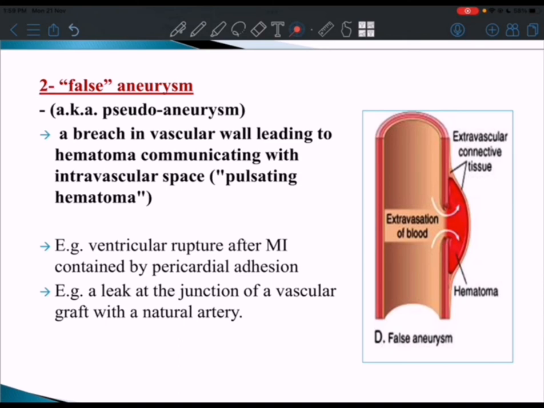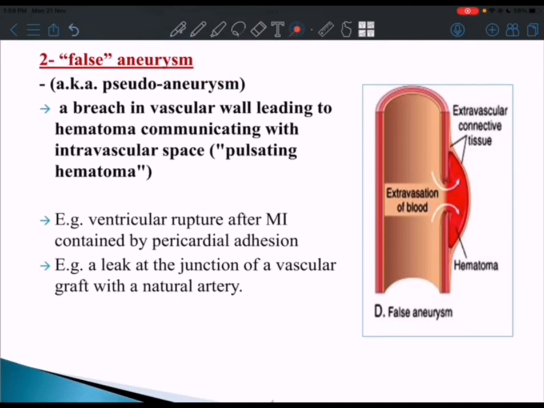Yeah, both of them can rupture. Possibly, yes. Now, examples of false aneurysms: any hematoma anywhere is considered an example of false aneurysm. Also ventricular wall rupture following myocardial infarction that is contained by the pericardial adhesion. This is an example. Notice rupture. In the previous slide, sorry, we talked about ventricular aneurysm following transmural MI without rupture. So if you notice rupture or hematoma, all these words mean false aneurysms.